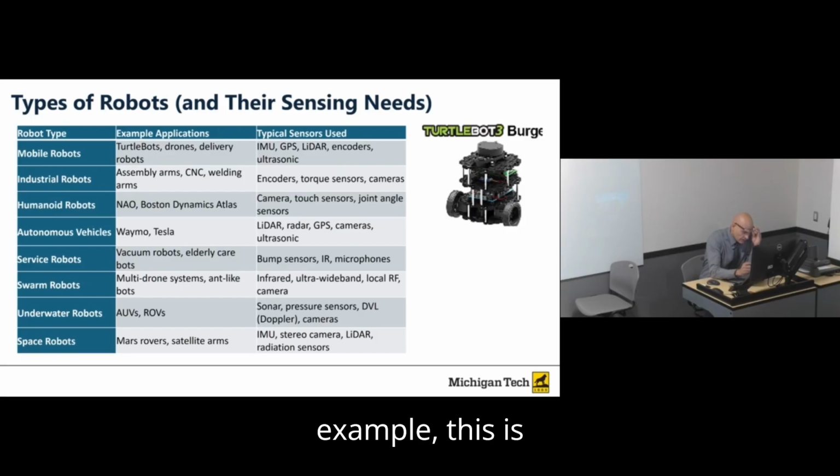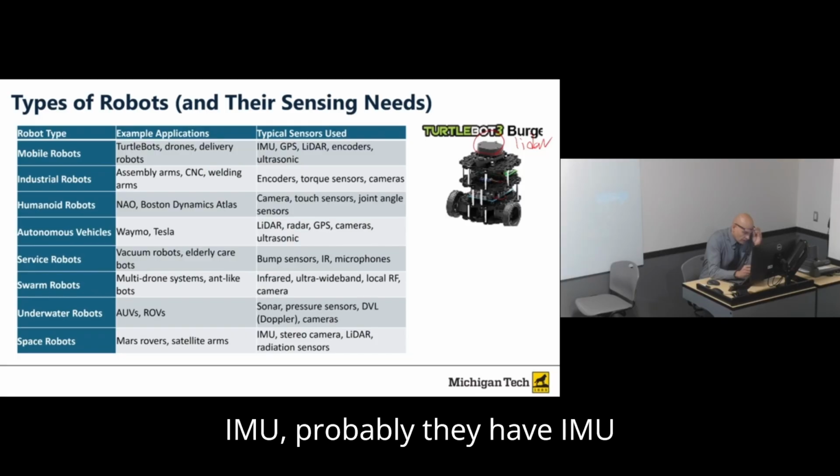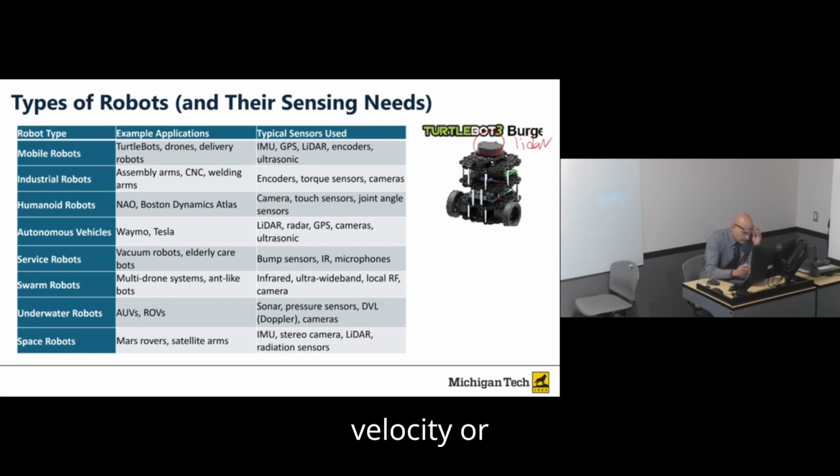Like for example, this is LiDAR on top. They might have GPS, IMU. Probably they have IMU to measure velocity or acceleration, those things.